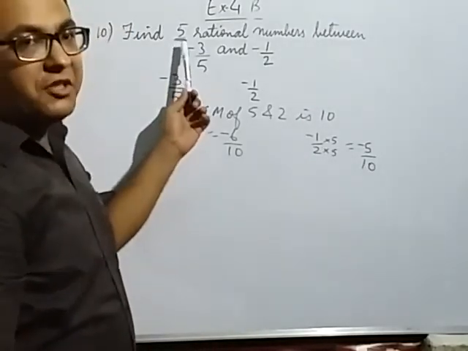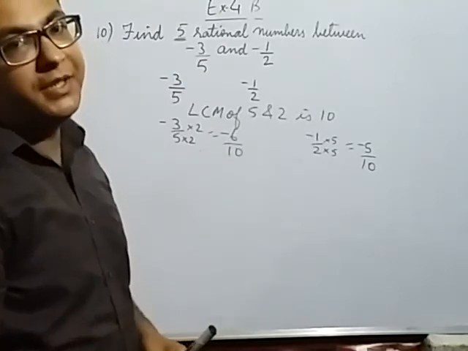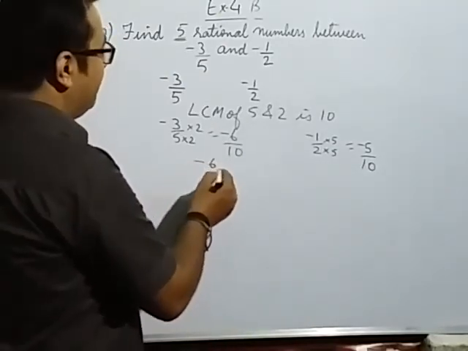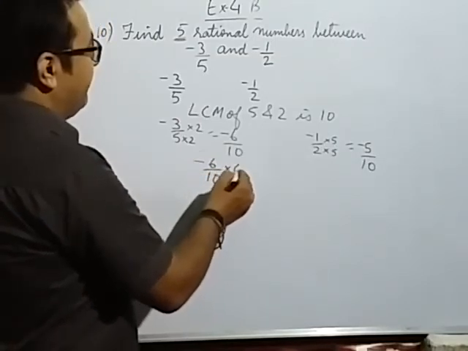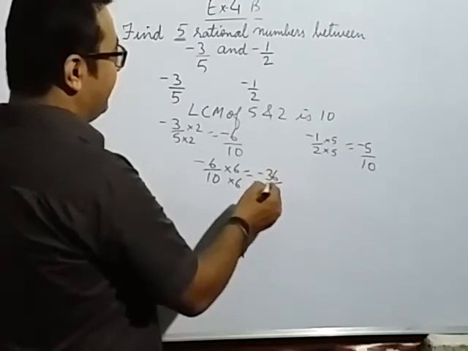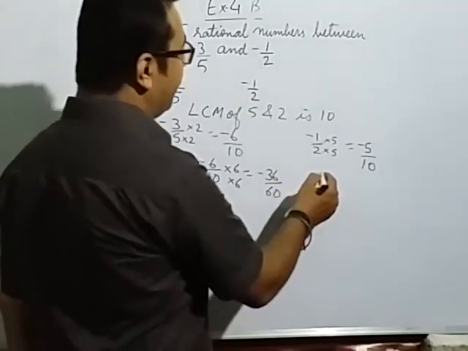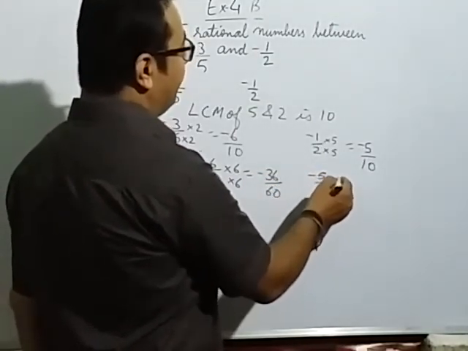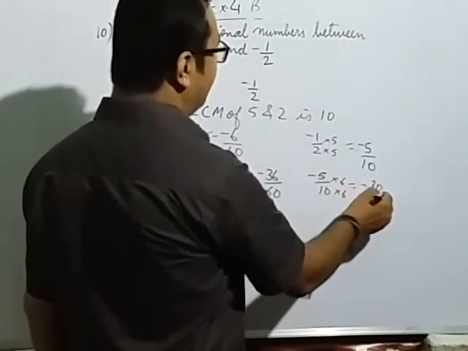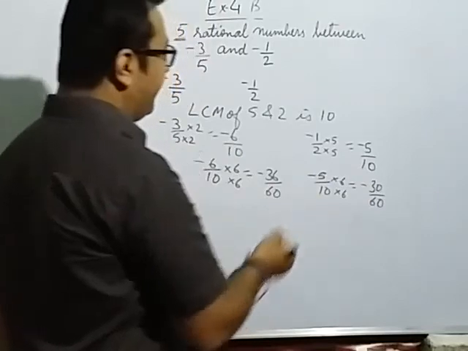So if we have to find 5 rational numbers, we will multiply numerator and denominator by 6, one more. So minus 6 upon 10 multiply and divide by 6 will give you minus 36 upon 60. Similarly, minus 5 upon 10 multiply and divide by 6 will give us minus 30 upon 60.